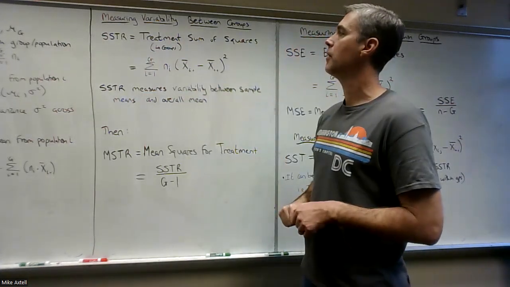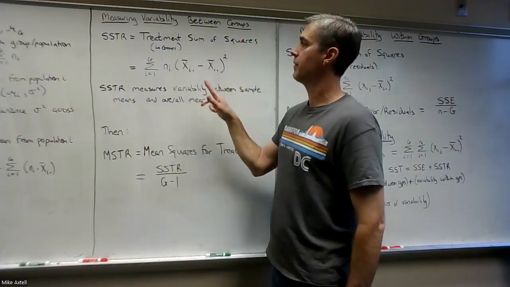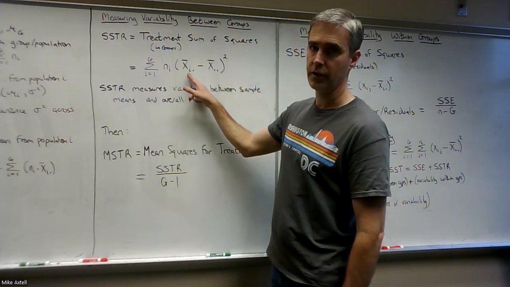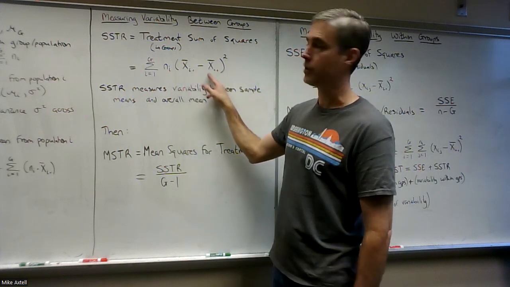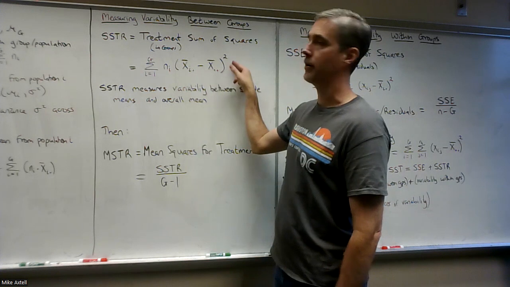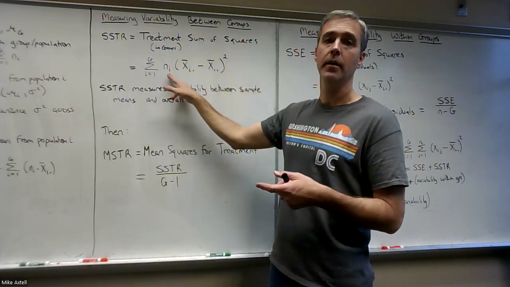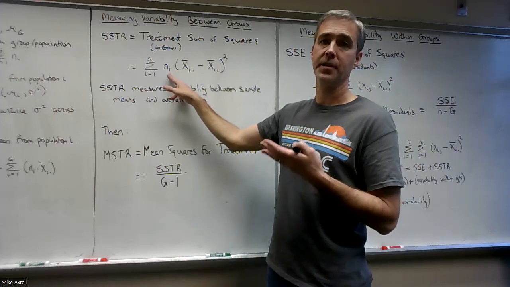For SSTR, I look at the difference between the sample mean from each group and the overall mean, square it to keep it always positive, and scale it up by how many data points are in that sample.